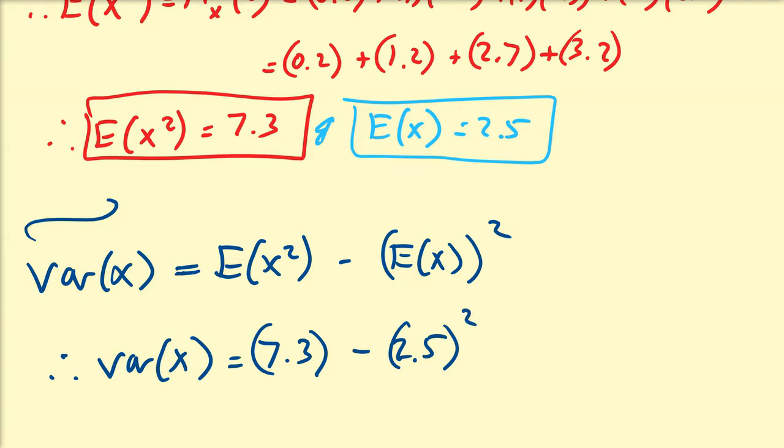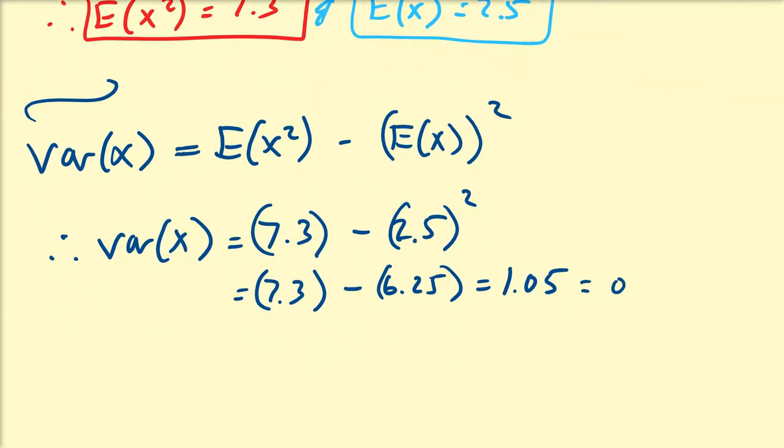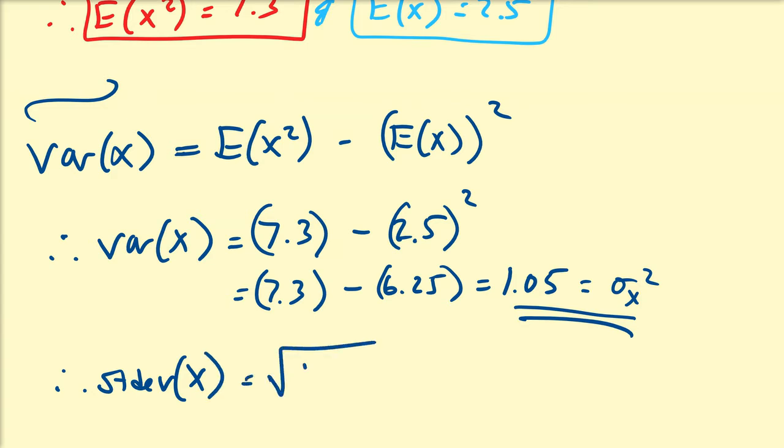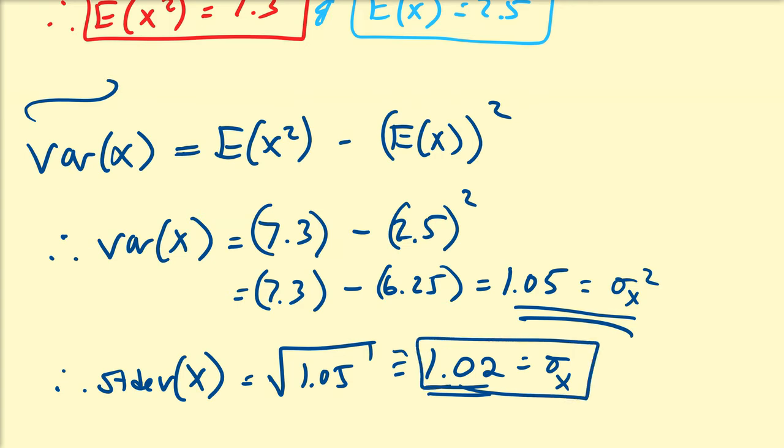So that's going to be equal to 7.3 minus 6.25, which is of course equal to 1.05. So if that is my variance of x, then I can calculate my standard deviation of x to be equal to the square root of 1.05, which is equal to approximately 1.02. So that's the standard deviation of x.